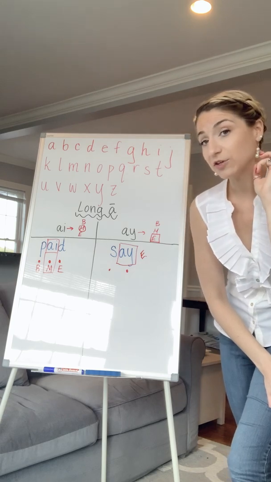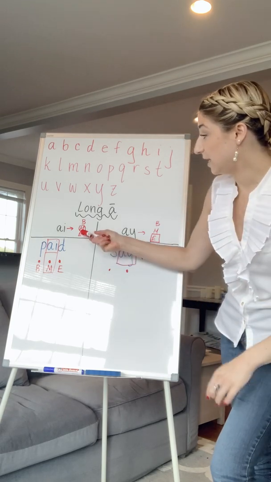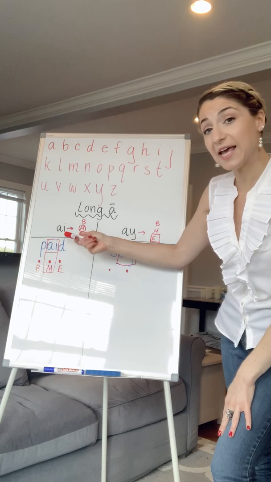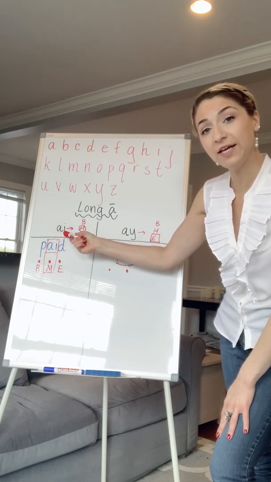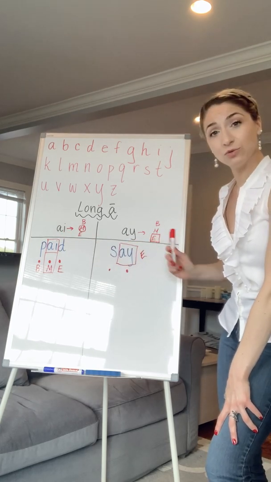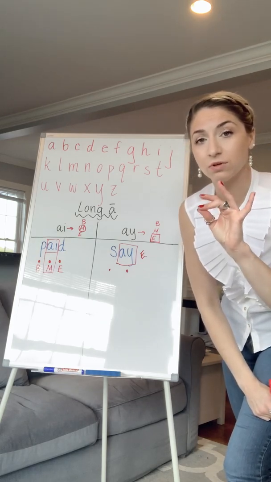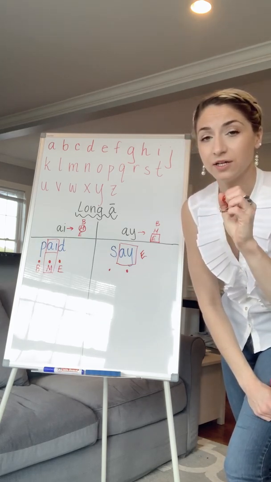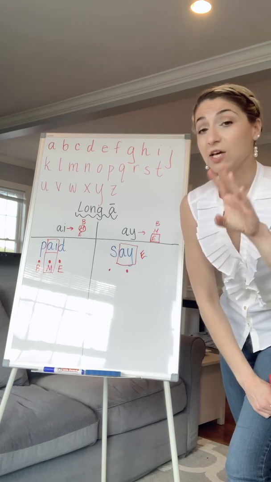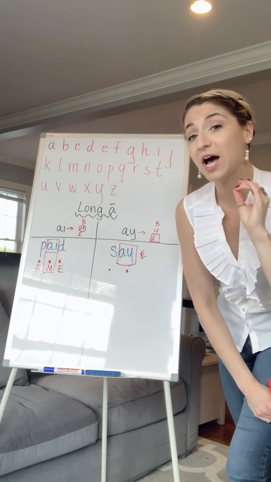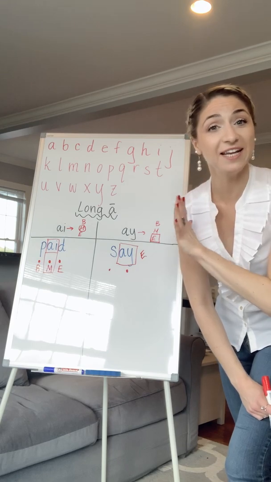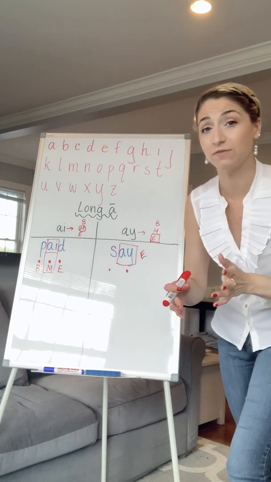Let's think about whether you hear the long A sound in the middle, which means AI is how we're going to spell it, or at the end, which would be AY. Ready? T, R, A, N, train. That long A sound comes in the middle. It's not at the beginning, it's not at the end, it's right in the middle of the word.